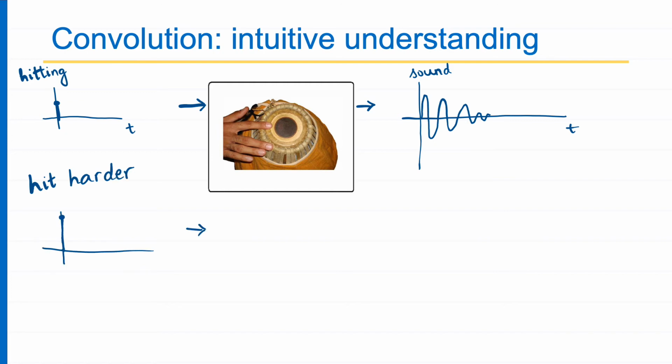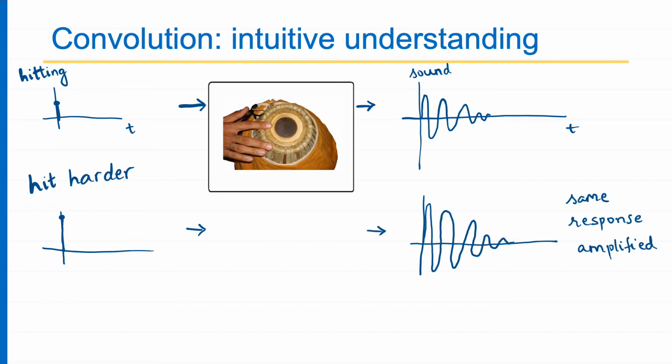Earlier I had hit with some force on the head with my finger, and now if I apply double the force, what will happen? What do you expect? The sound will be the same, but amplified. You will hear double the amplitude, double the strength or intensity of the sound, right?